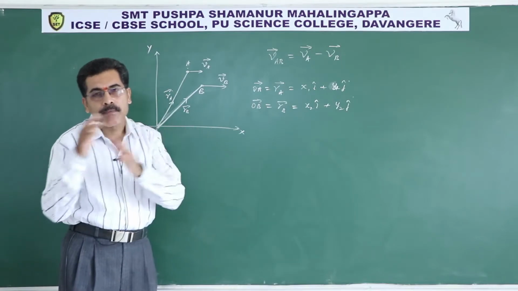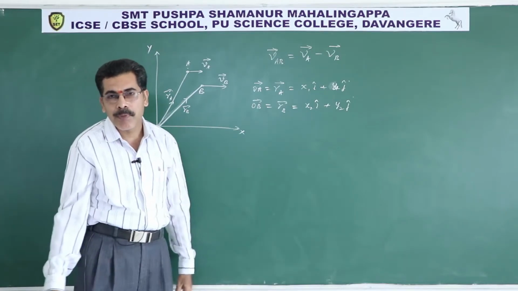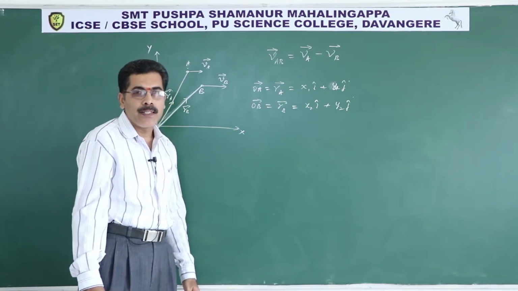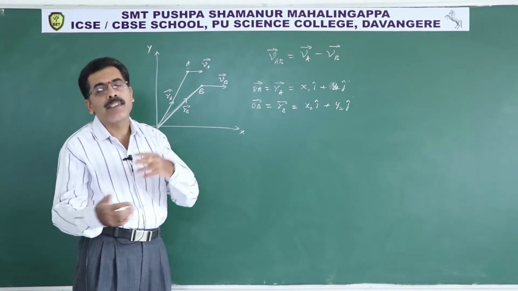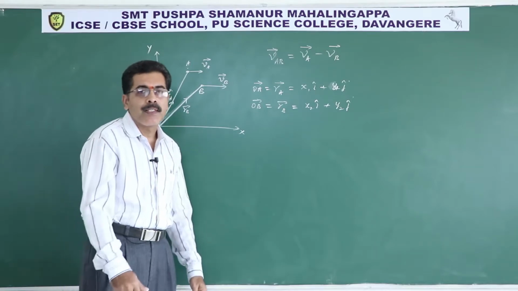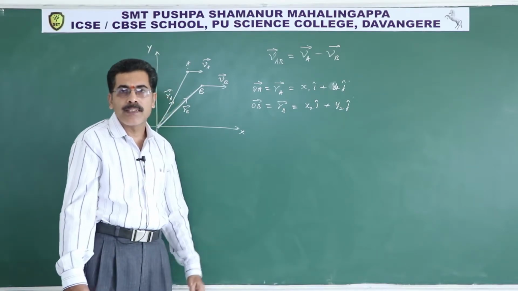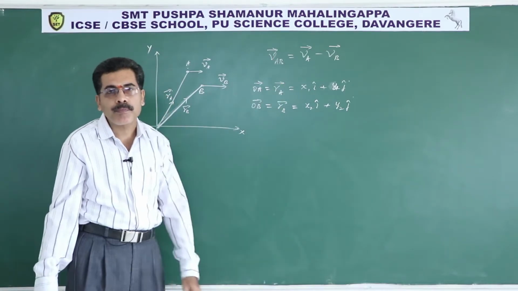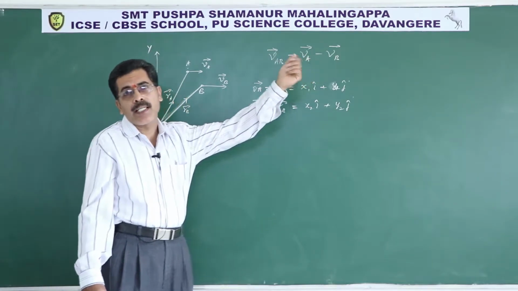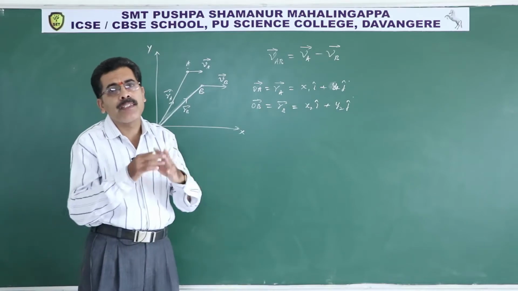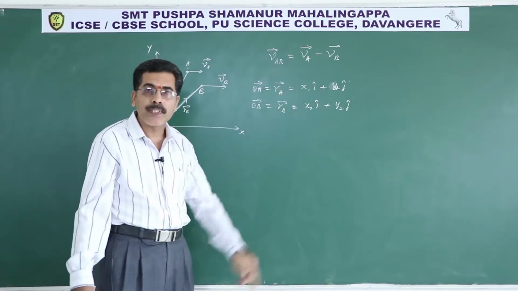When there is a displacement, we identify the displacement vector and calculate its value. The rate of change of displacement gives you the velocity. So we find the velocity of particle A and then particle B. When you take the difference, you get the relative velocity.